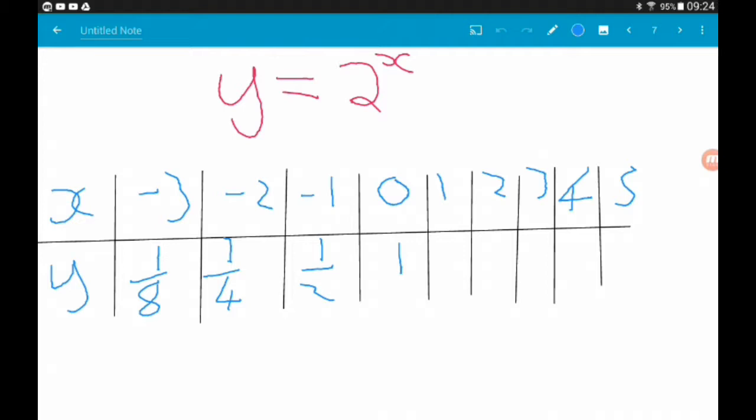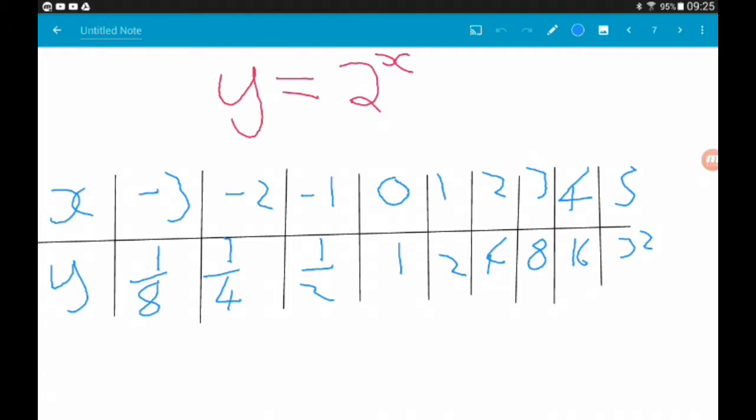Then when x is 1, we've just got 2 to the power 1, which is 2. Then we've got 2 squared, 4. 2 cubed, 8. 2 to the power 4, 16. 2 to the power 5, 32. So we can see things are starting to get quite big very, very quickly on the right hand side.